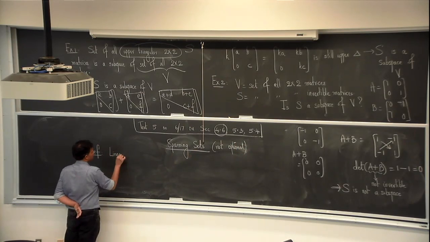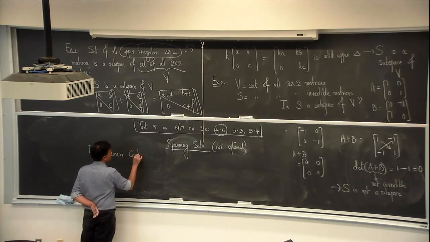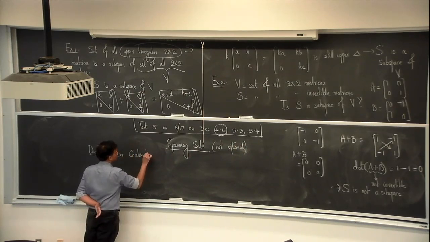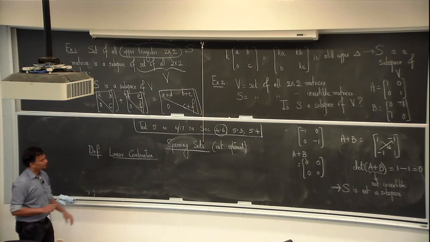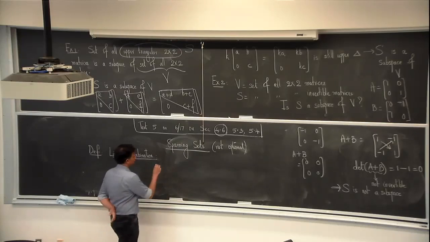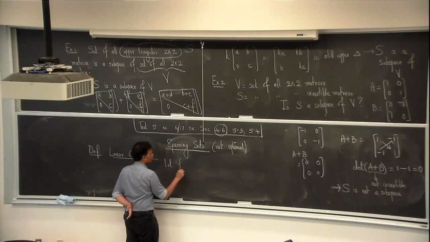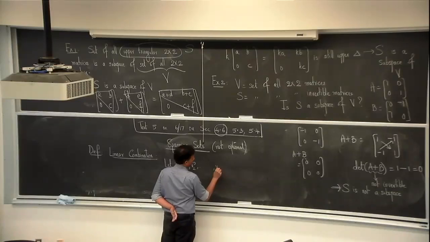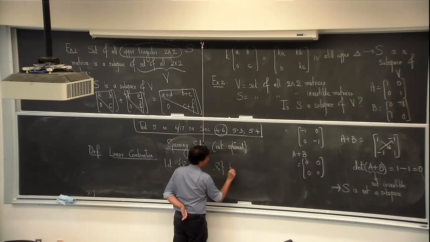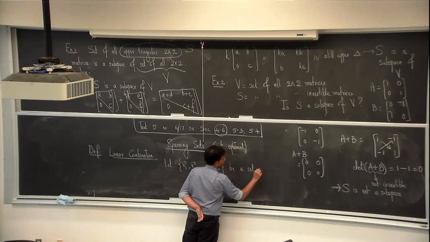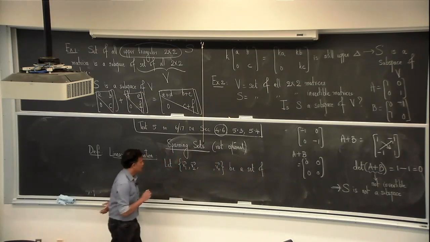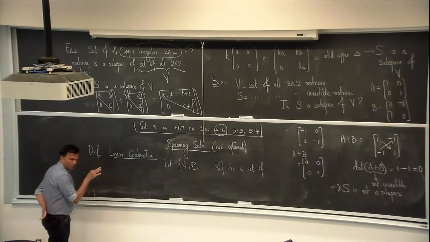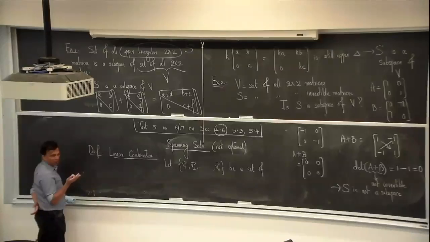Linear combination. So let v1, v2, dot dot dot, vn be a set of vectors. Even if I put arrows on top of those, they could be polynomials or matrices, so you have to be adaptive to those situations.